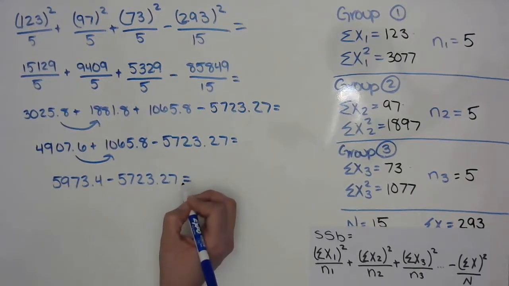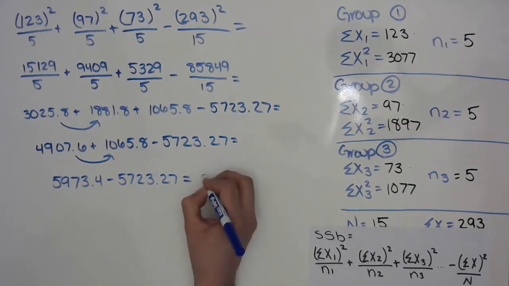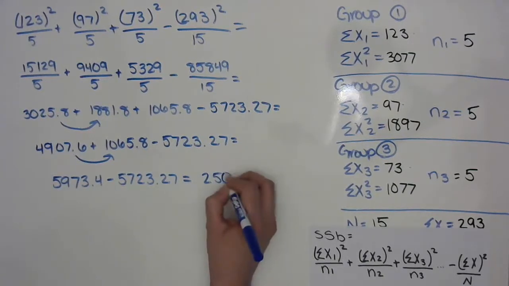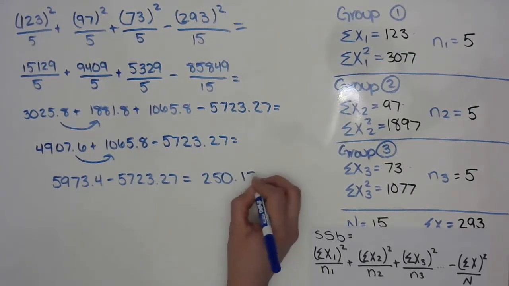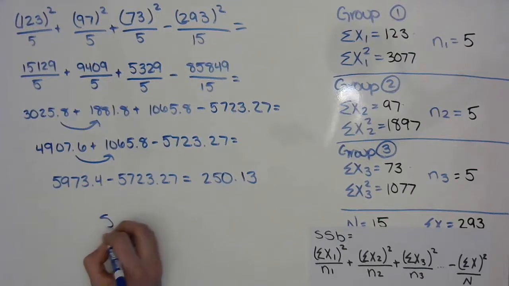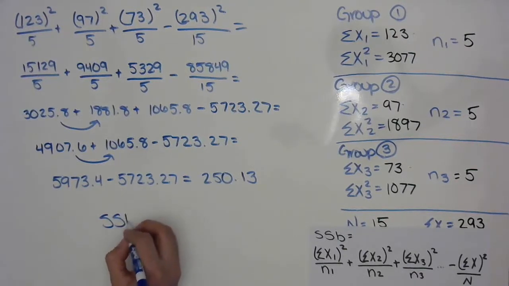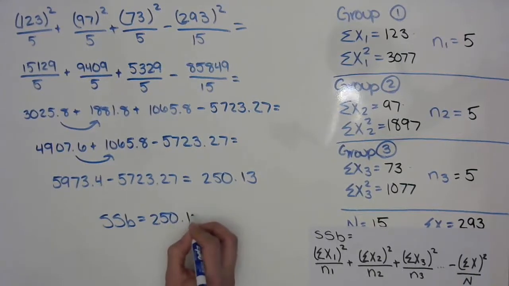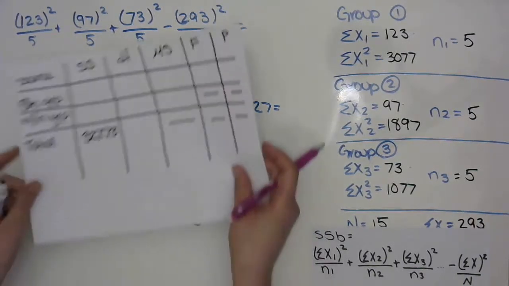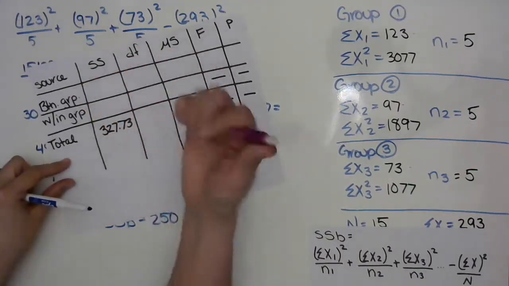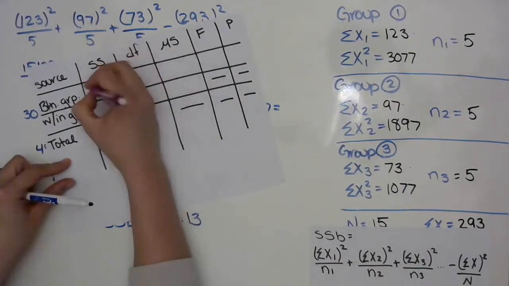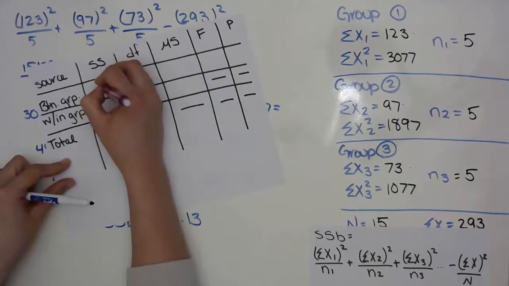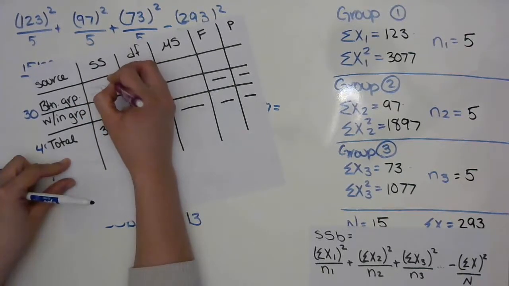And then we solve those out, and that gives us a final answer of 250.13. So our sum of squares between is 250.13. Then we take our table and add that in here for between groups. So we have 250.13.